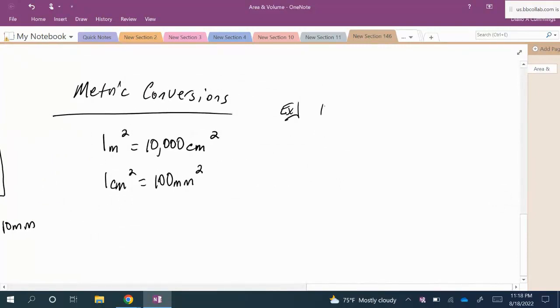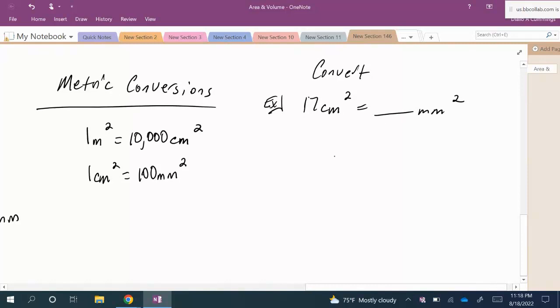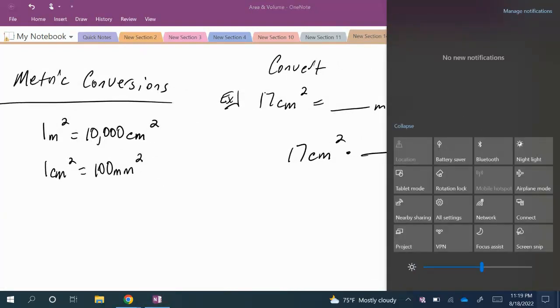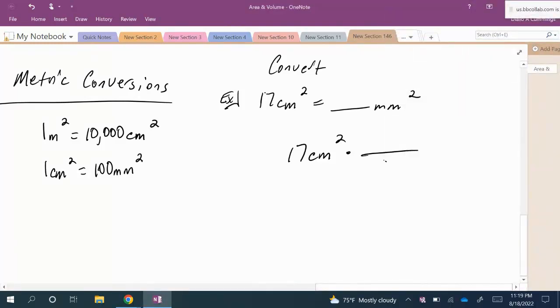So in this example, we're asked to convert 17 centimeters squared to millimeters squared. All right, so I'm going to use a unit fraction. So we have 17 centimeters squared. In my unit fraction, I'm going to put centimeters squared in the denominator.